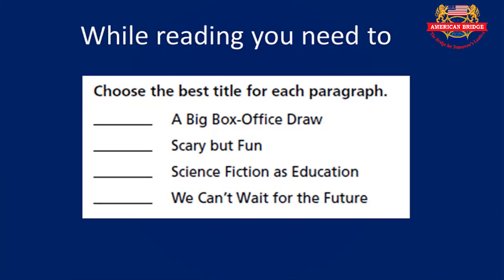Number two, scary and funny. Number three, science fiction as education. And number four, we can't wait for the future. These are the subtitles, and when you read or hear the text, you have to decide which paragraph, number 1, 2, 3, or 4, each one falls into.